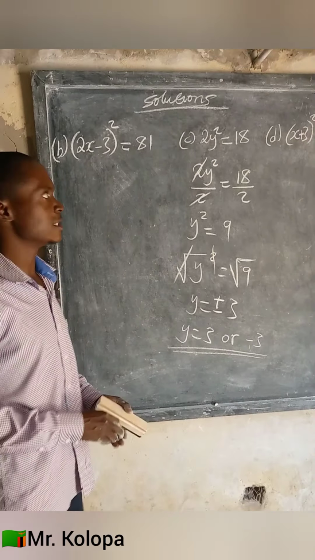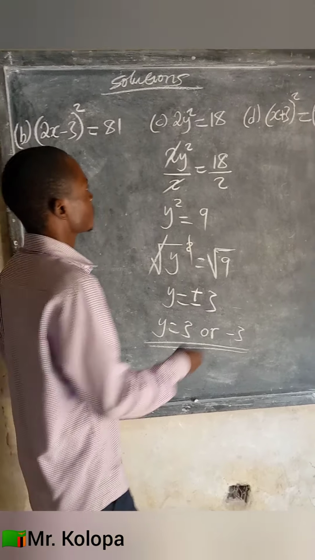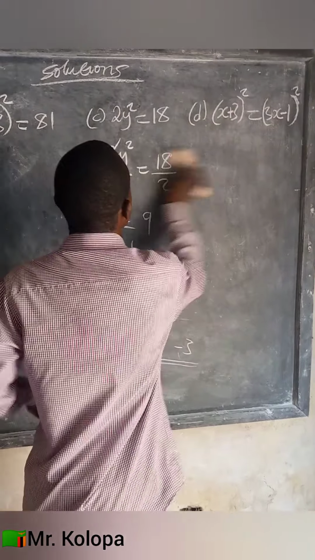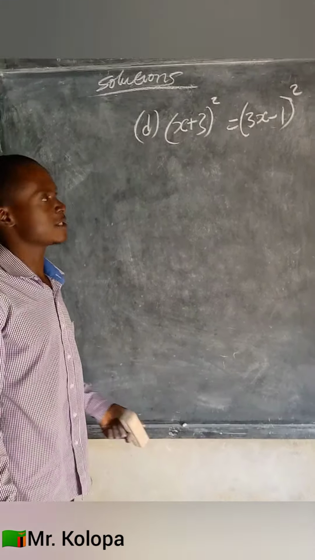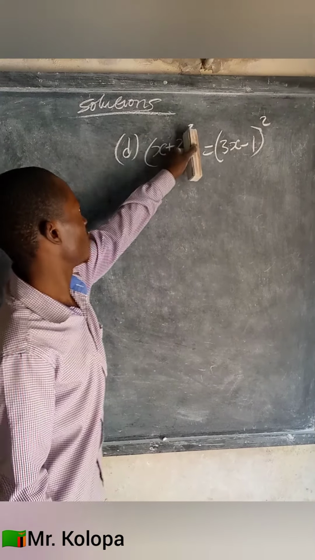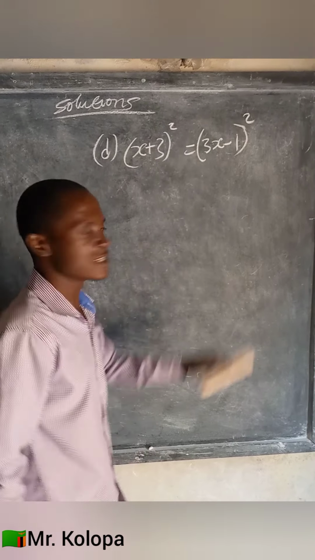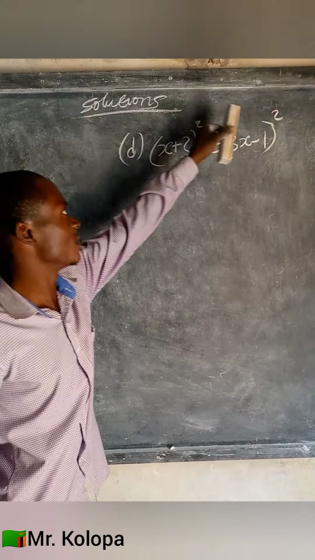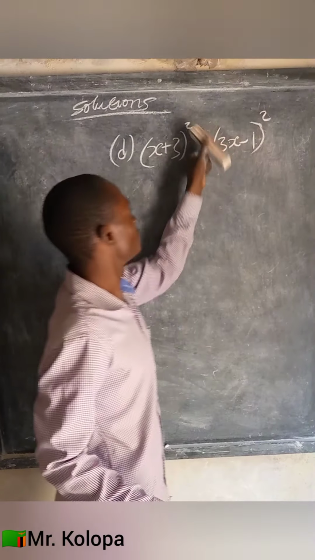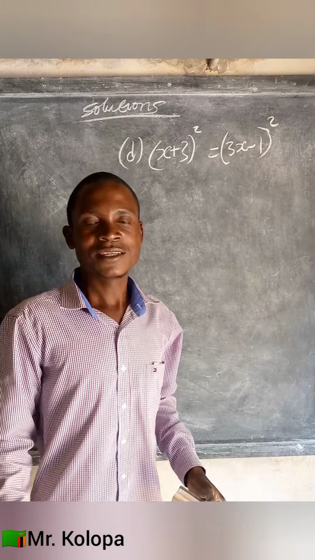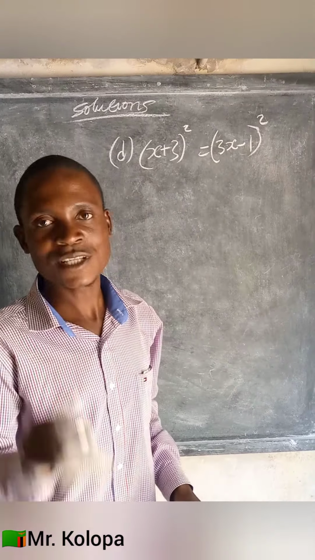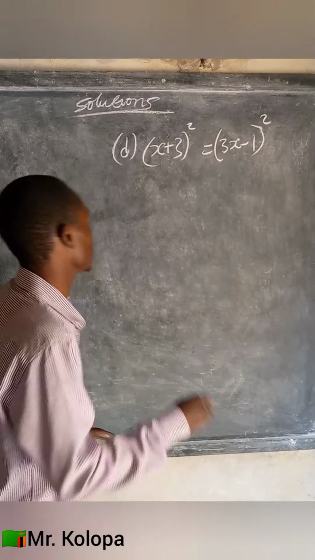Let's quickly look at the D. Yeah, so this is now the last question, question D. We have squared both sides. So we need to remove this squared. How do we remove this? Quickly, how do we remove, my students? Yeah, definitely you have to introduce the square roots, both the sides.